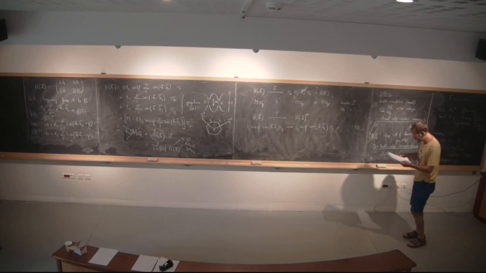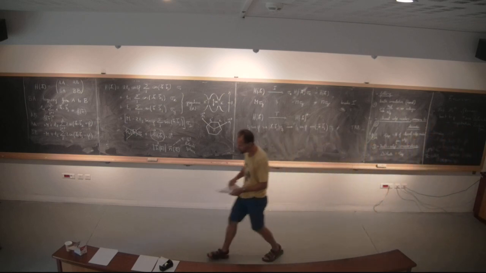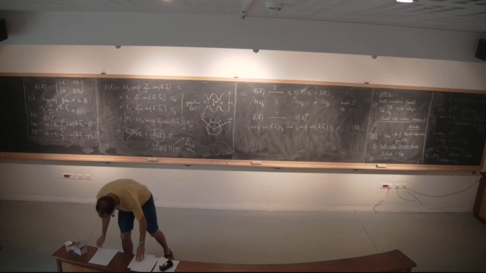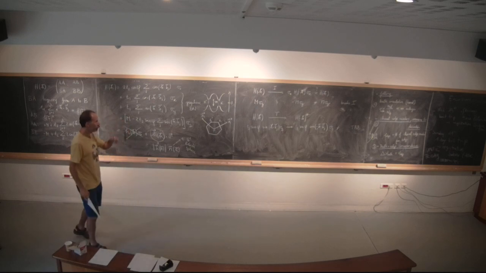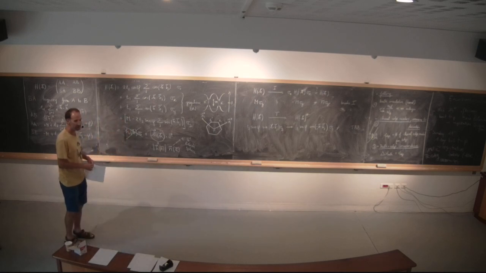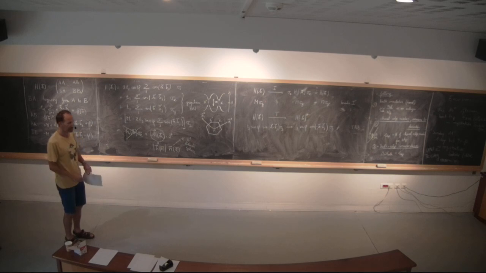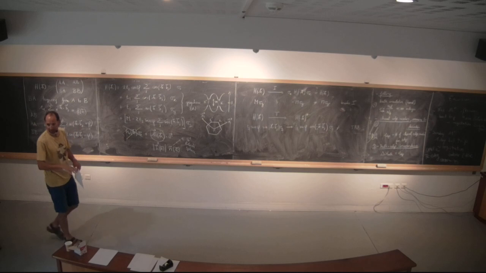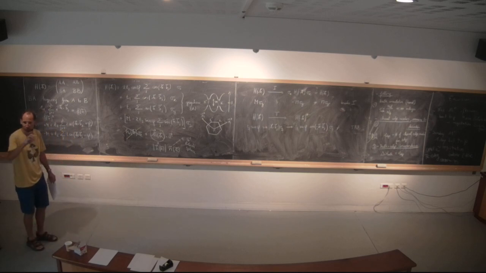Okay, so let's continue. Now, I want to do something to make the discussion simpler, which is instead of solving the full problem in the whole Brillouin zone, I want to concentrate on the low energy physics.